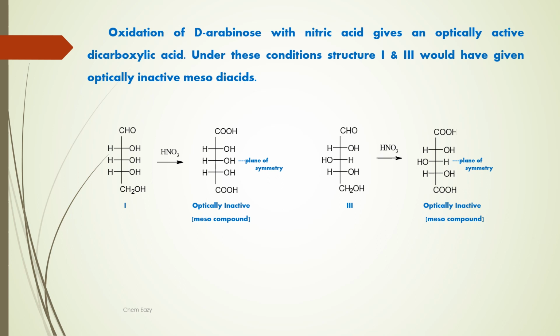That is, the produced dicarboxylic acid can rotate the plane polarized light either to the right or left. Now, if you oxidize all the four structures, which can give an optically active dicarboxylic acid should be confirmed first.